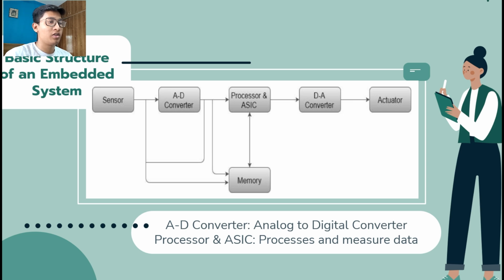From there, it sends the output to the memory and the digital to analog converter. There, the digital to analog converter converts the digital signal into an analog signal and sends it to the actuator, where the actuator performs the certain task it was assigned.